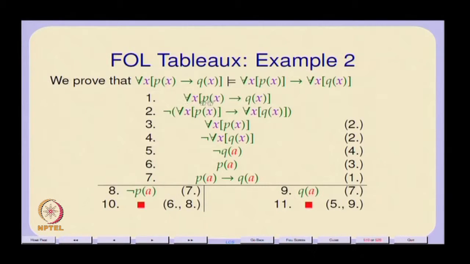I also choose not to do anything with this because I still don't know what the demand for a term would be. So when I break this up, I get for all x px, and I get not of for all x qx, and now it is clear this is a not of for all.